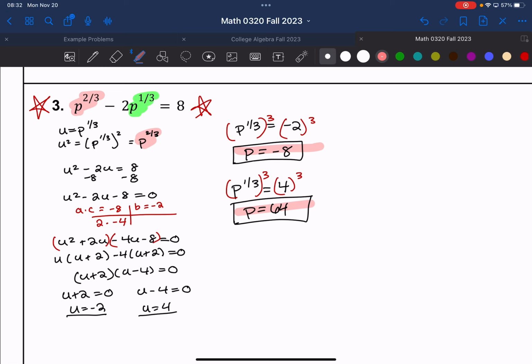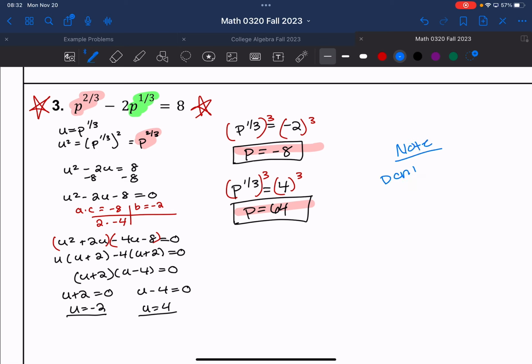Again, I do not need to plug them back in because in my original problem, there are no fractions where the denominator contains a variable. Okay. Say that one more time. I'll write it so you have it.